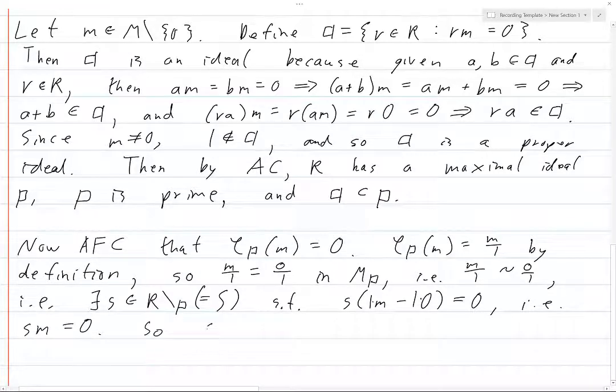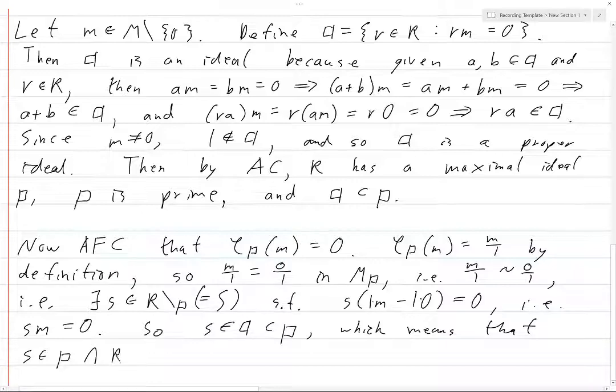So s is in A, which is a subset of P, which means s is in P by this previous fact, but it's also in our set R minus P, which is equal to the empty set.